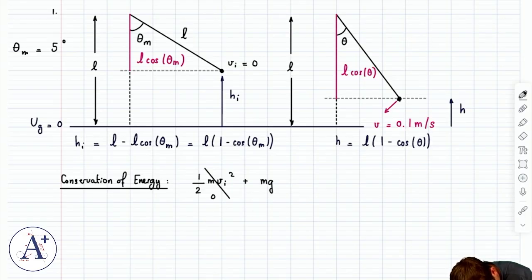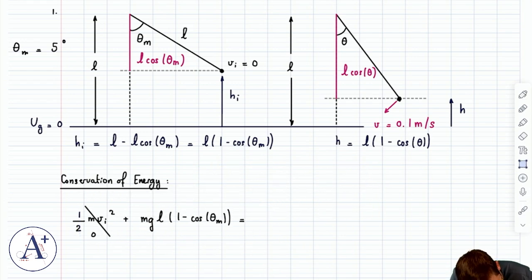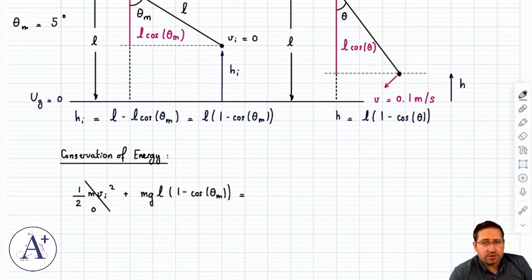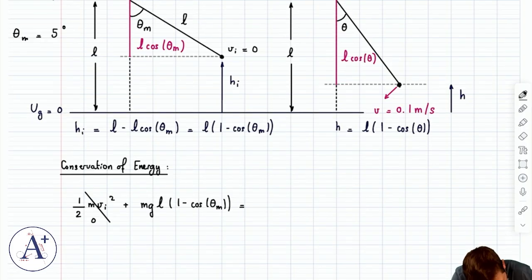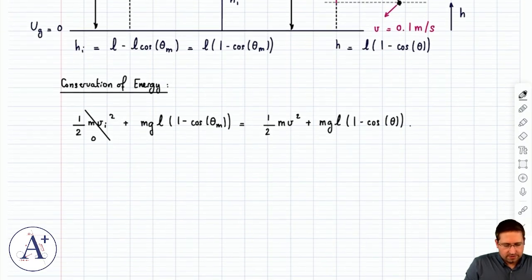That's m g h initial, so that's m g L(1 minus cosine theta m). That's going to be equal to, now on the right we have kinetic energy 1/2 m v squared, and we know what v is, plus m g L(1 minus cosine theta). All right, let's go.